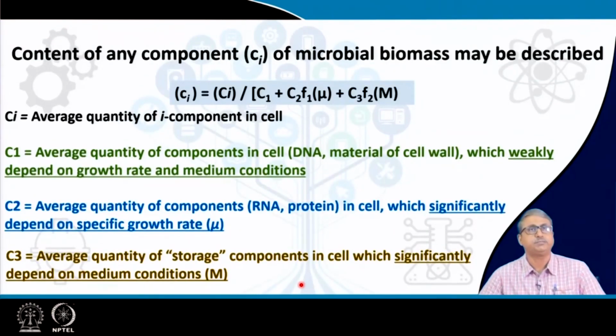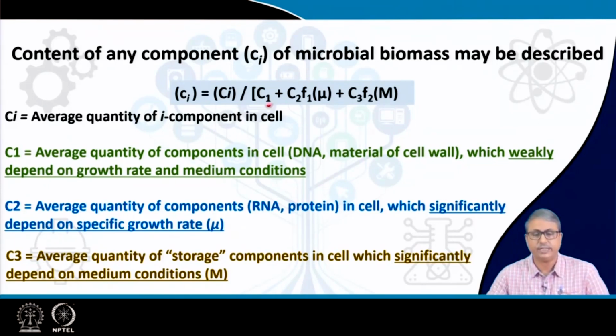Now, next is the content of any component which is designated as Ci of microbial biomass may be described, and as we try to describe the content of any component within the cell, we will realize that this is actually controlled or constrained by three factors.